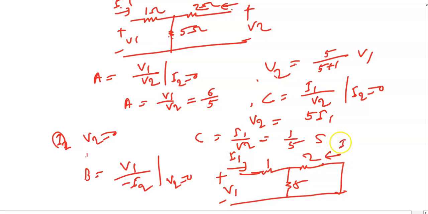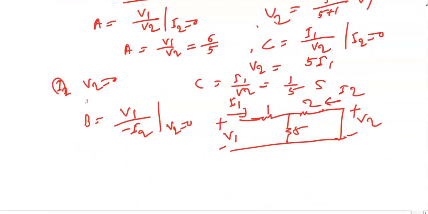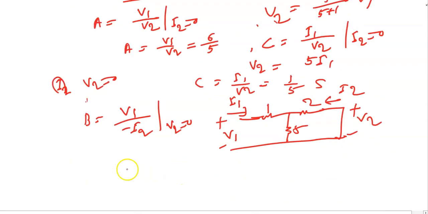And this is your I2, V2 equal to 0. So this is your V1, and we need to find out the I2.